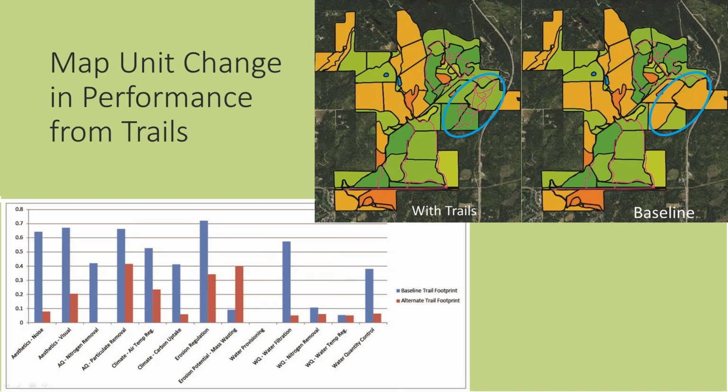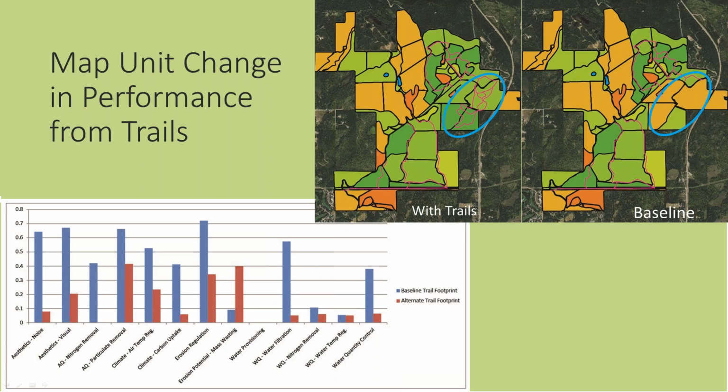Okay, so one of the really nice things about the tool is it is really helpful for measuring baseline performance, for understanding the landscape and how it's performing. But the really big thing is it allows you to run scenarios, to create new scenarios and change the attribute conditions within those different map units, change the map unit boundaries, basically reconfigure the site to be whatever you want it to be in the future.